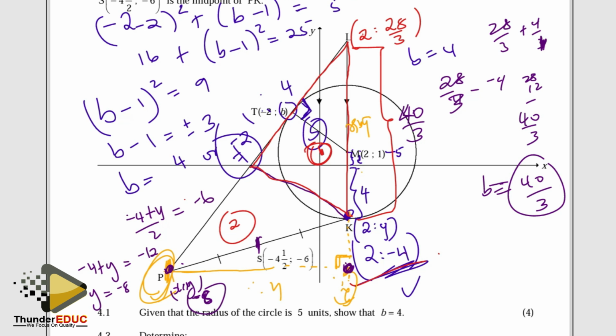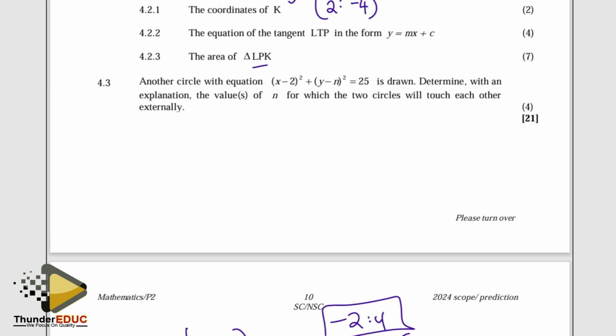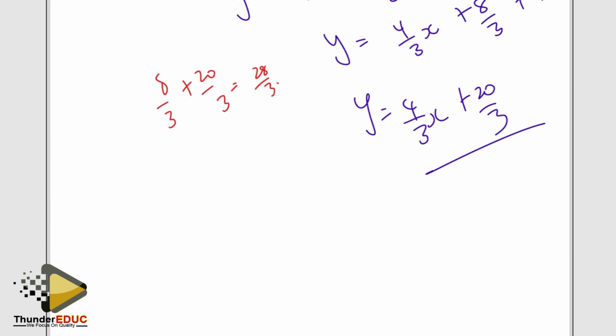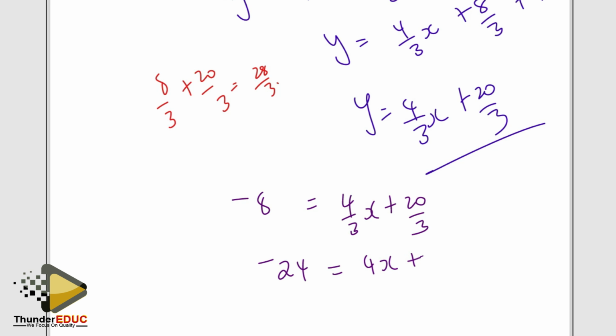I can get this negative 8 and replace it where there is y down here. So negative 8 is equal to 4 over 3 x plus 20 over 3. Multiply through by 3, so negative 24 is equal to 4x plus 20. Move it that side, negative 64, divided by 4 to get my x. So my x is going to be negative 16.